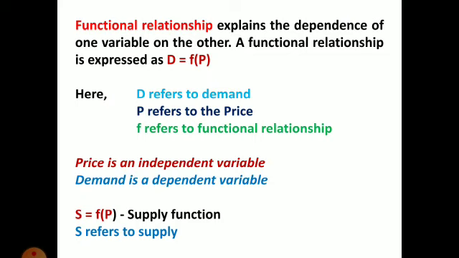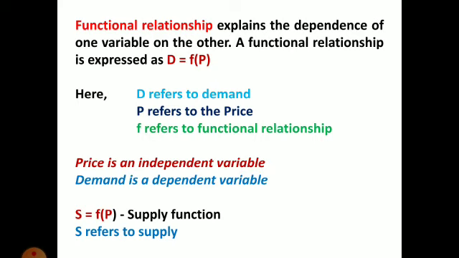Why do we say P is an independent variable? Because P changes first, due to which demand also changes. That's why we say P is an independent variable and D is a dependent variable.